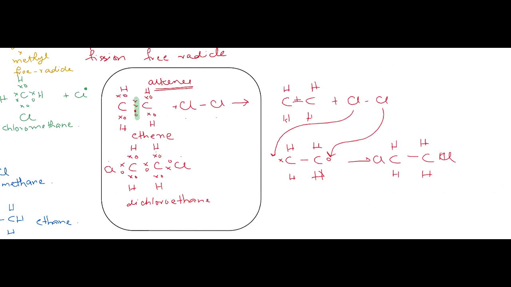And then I can add those chlorine atoms into the molecule. With alkanes, that's why the reaction is substitution, because I have to substitute one of the hydrogen atoms for the halogen. With alkenes, I don't need to do that.